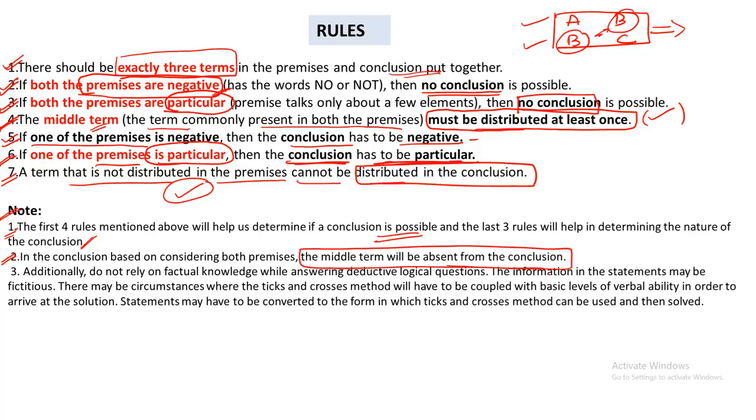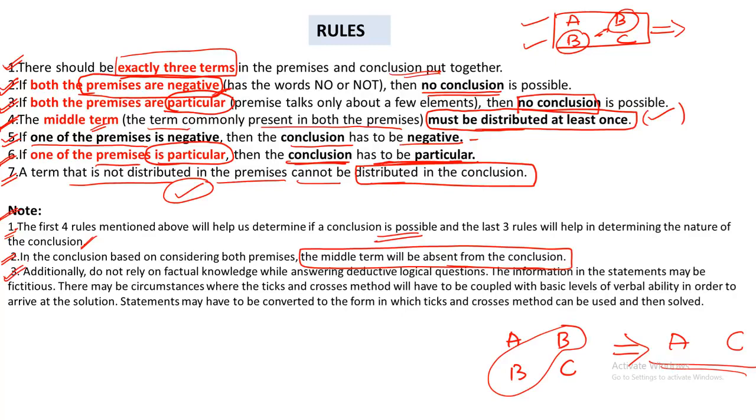It means that, for example, A, B, B, C. If we draw a conclusion, of course the conclusion would be connective, something like A and C. We do not know if it is a tick mark and cross marks. We are not getting into it. We'll use this further in the examples and see how it happens. But the middle term, which is B, is not there in the conclusion.